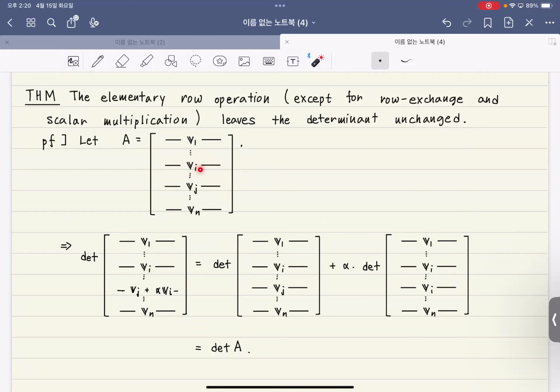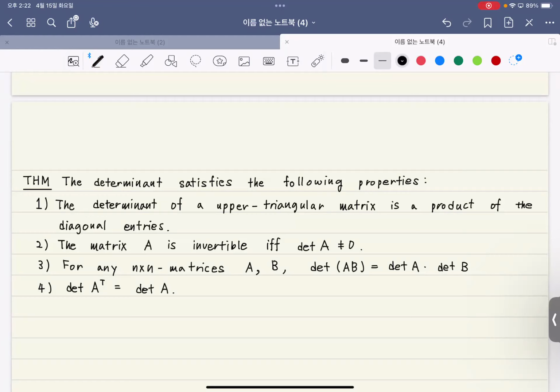Sorry, as a matter of fact, this is an upper triangular matrix. Just imagine a square upper triangular matrix. Then the determinant of that matrix is nothing but the product of the diagonal entries, which is very easy to compute.